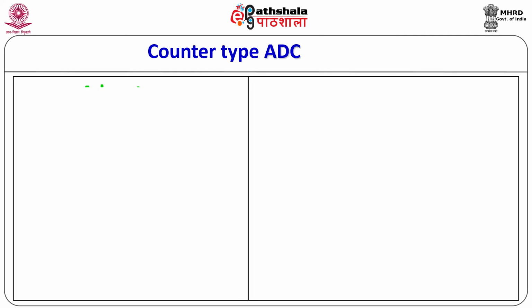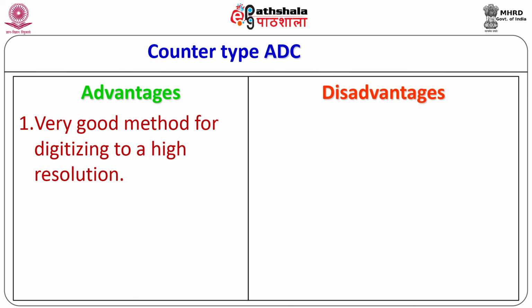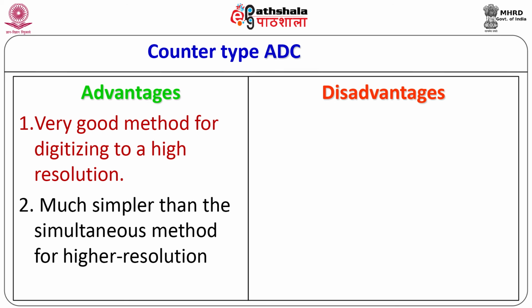Let us consider the merits and demerits of this counter type ADC. Counter type ADC is a very good method for digitizing a signal to a higher resolution. It is found that this method is much simpler than the simultaneous method for higher resolution of conversion. However, this method also has certain drawbacks.